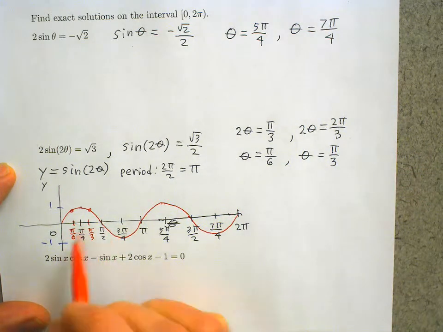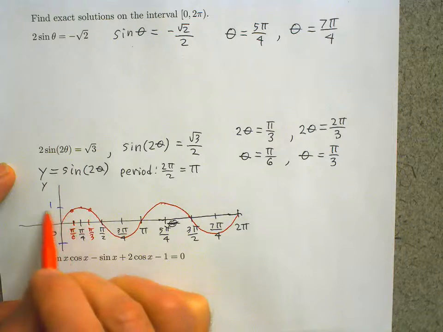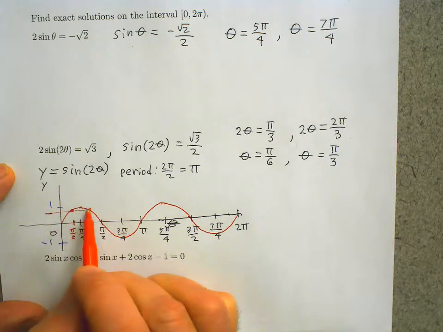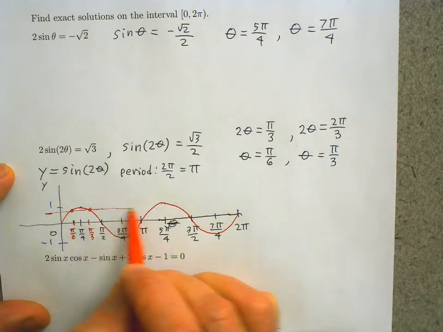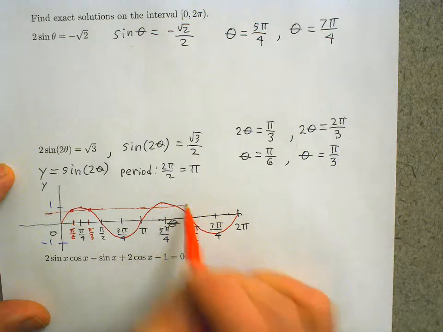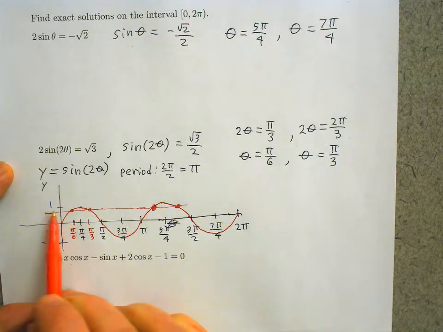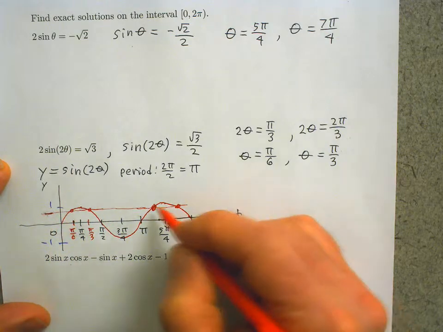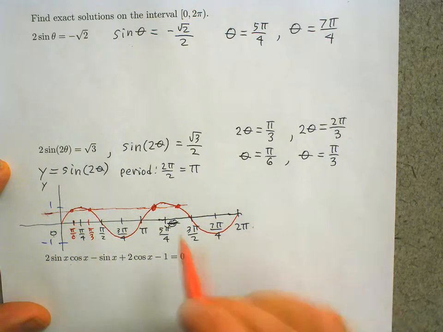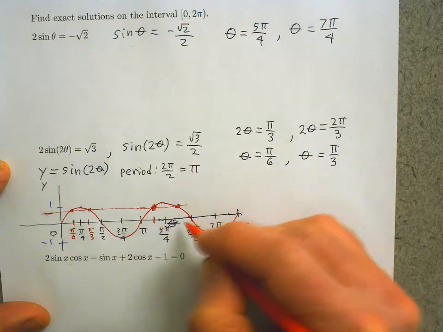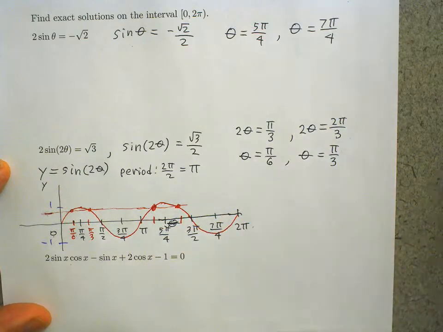And we can see that if we draw a horizontal line, this will intersect the curve in two more places, where the height of that is the square root of 3 over 2. So between 0 and 2 pi, there are two more solutions for theta.